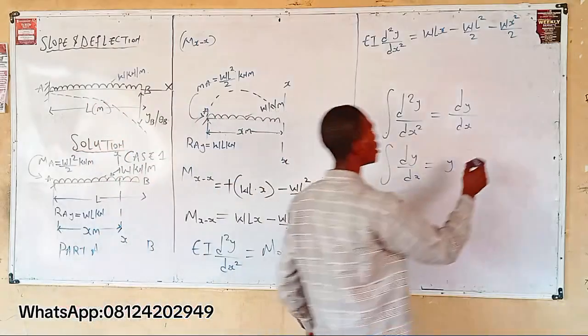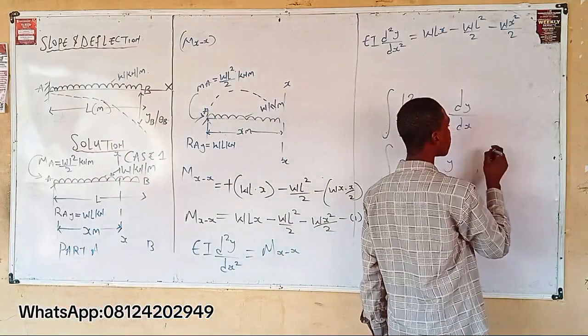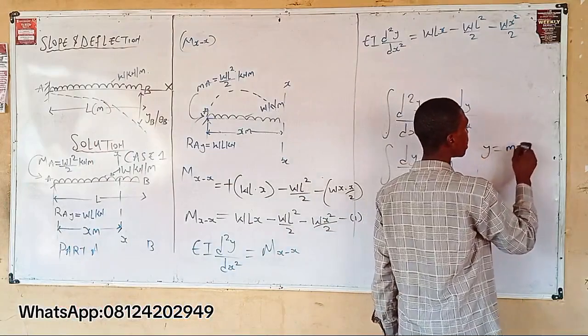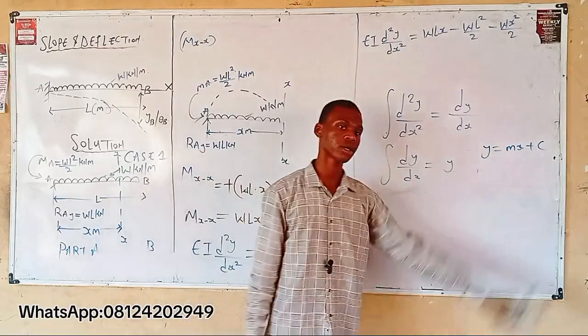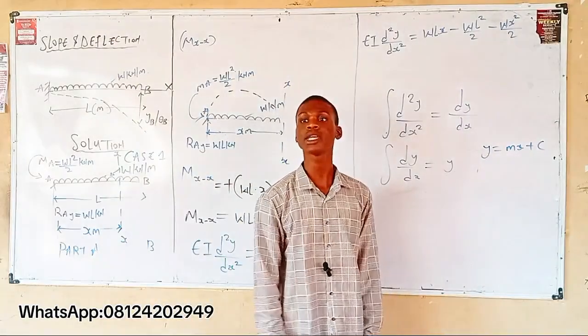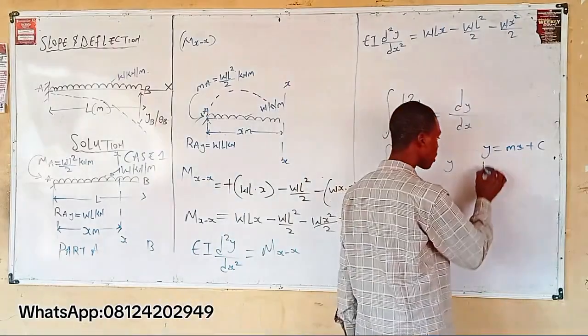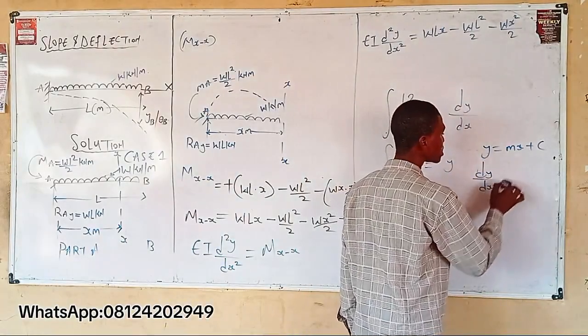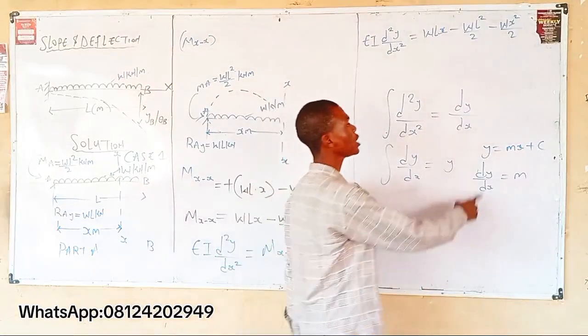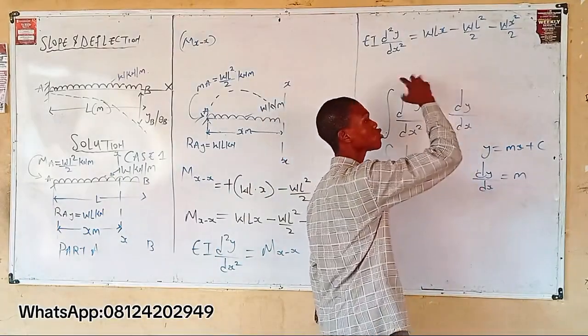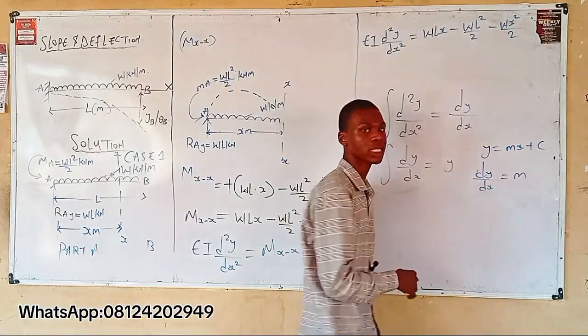We have y equals mx plus c, right? From here, what's your slope? m. How do you get that m? dy dx. dy dx for this is what? m. True or false? So this is where the idea of slope is coming from. You represent slope as dy dx.